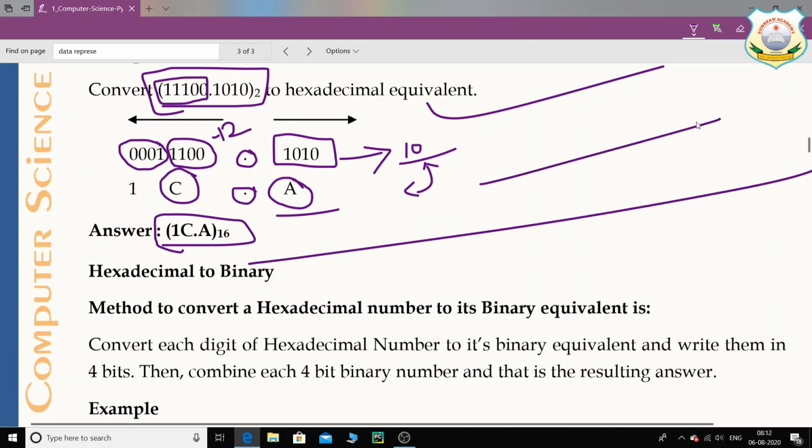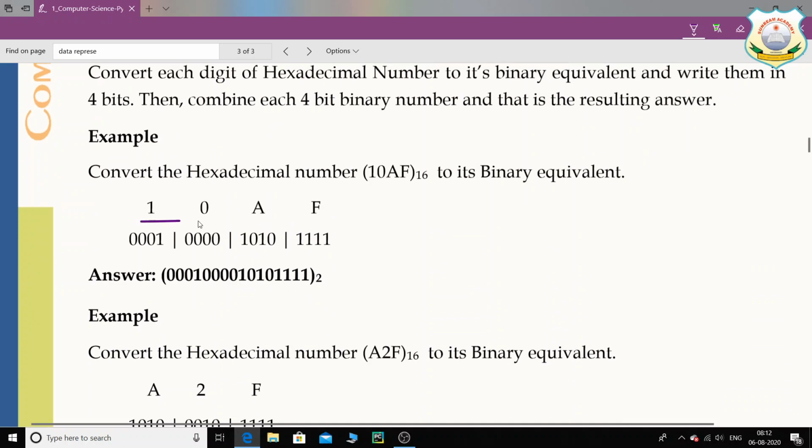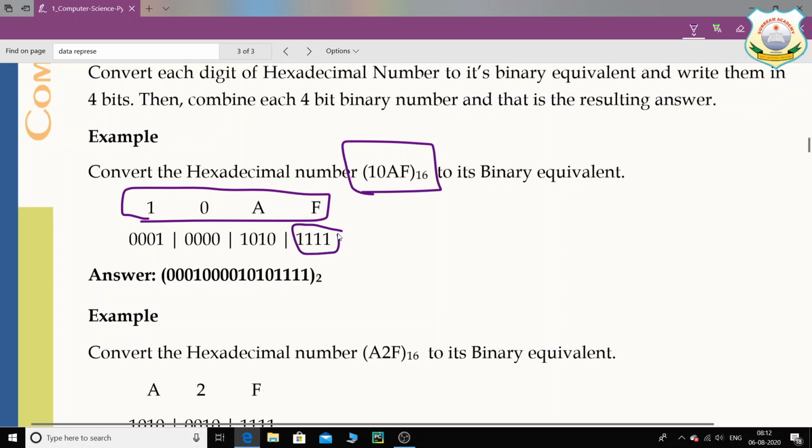So I hope, children, that this is very much clear now. Hexadecimal to binary also we have done. This is a hexadecimal number. This is pretty simple. The question will be in this form: 10AF. What is F? F is 15, and you can see all the bits will be occupied, all 1s, that is 15, and this is 10.